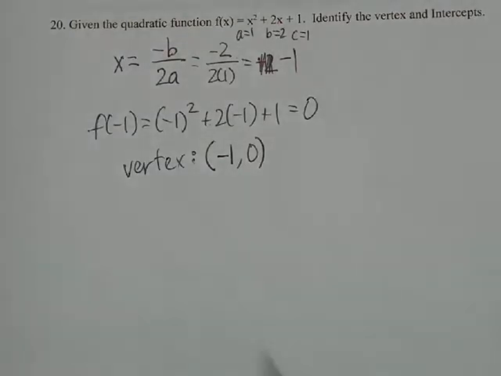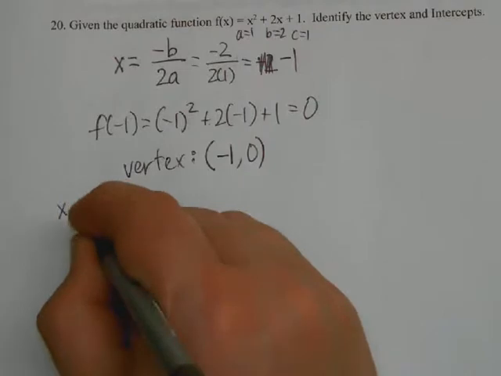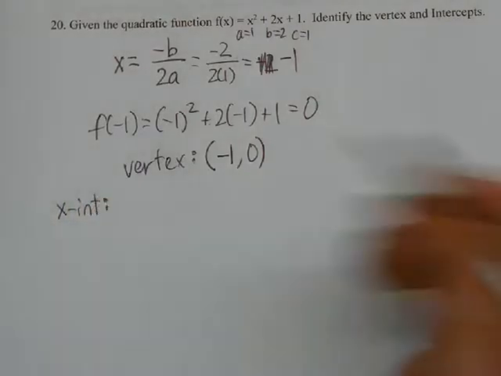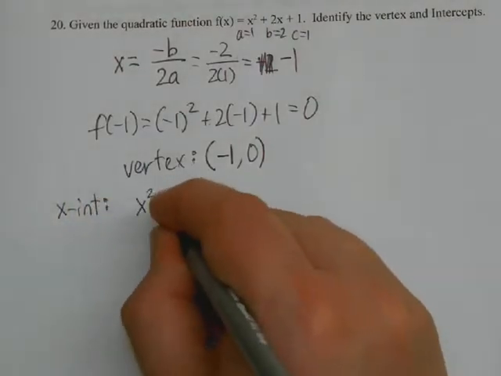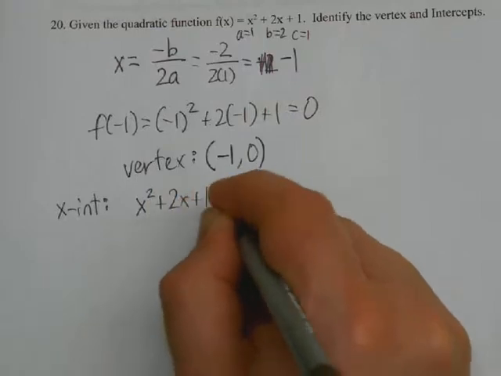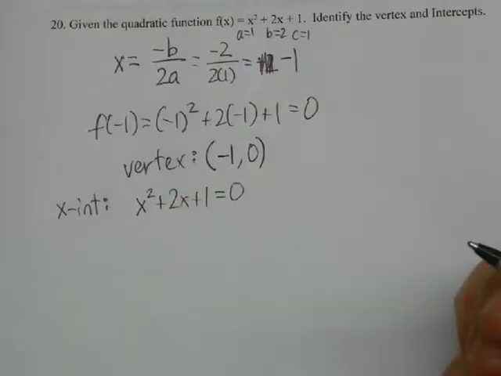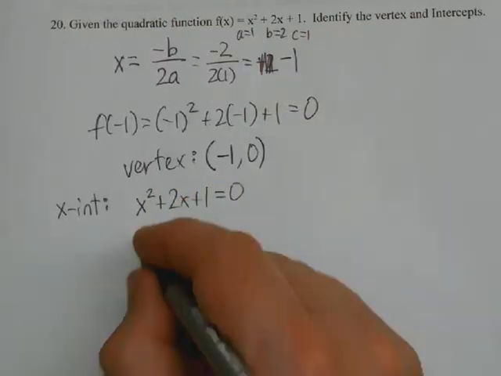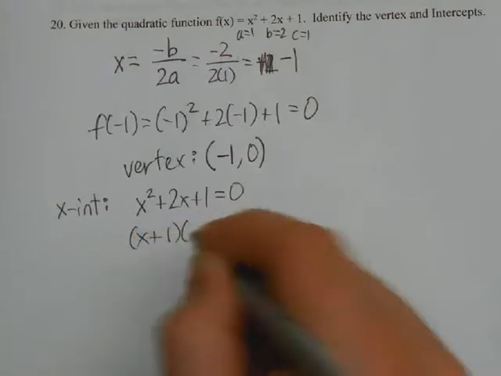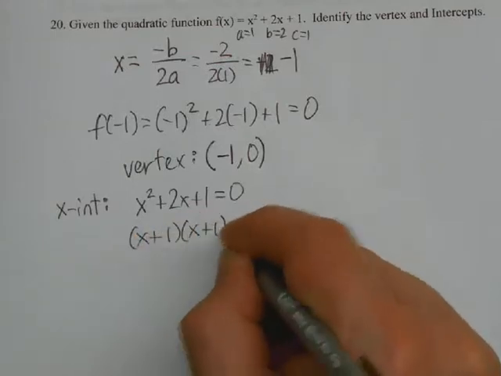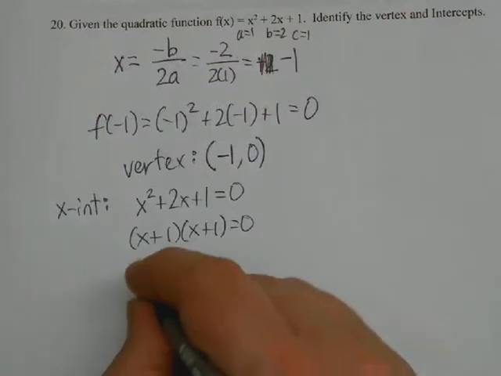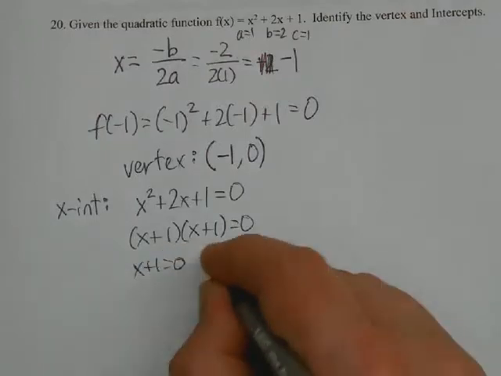Now, to find the x-intercepts, we set the function equal to 0. So this one we can factor. And so we get a double root of negative 1.